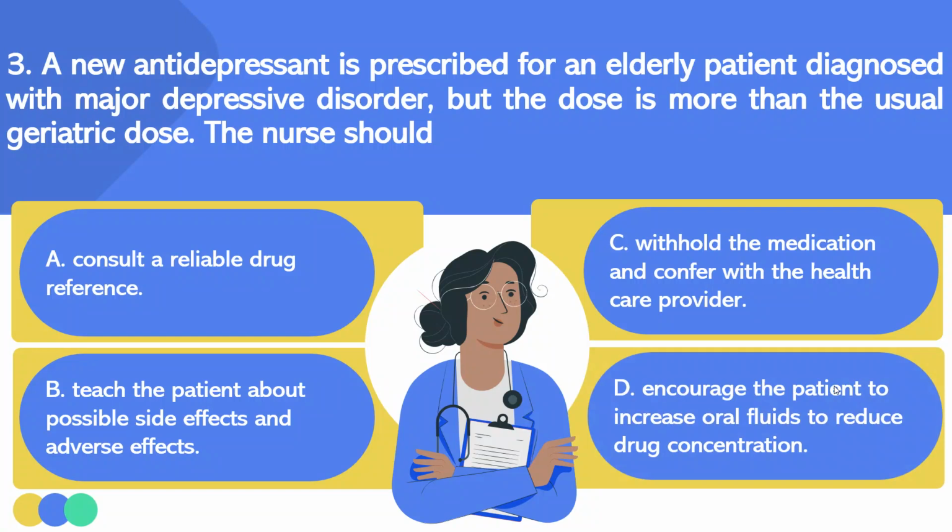Of course, we know that for geriatrics, there is a computation based on the recommended daily allowances of this population. So the dose of antidepressants for the elderly should usually be less than the usual adult dose.